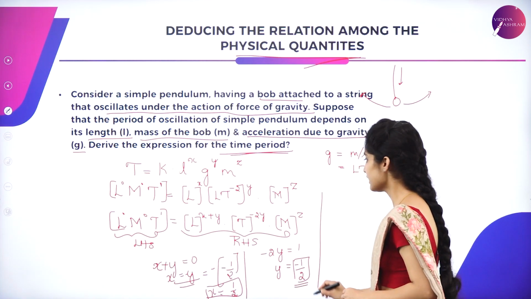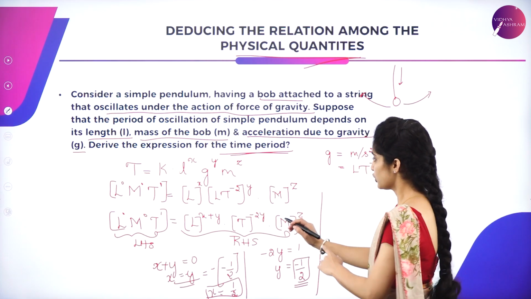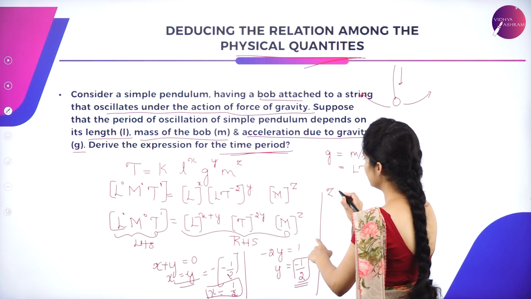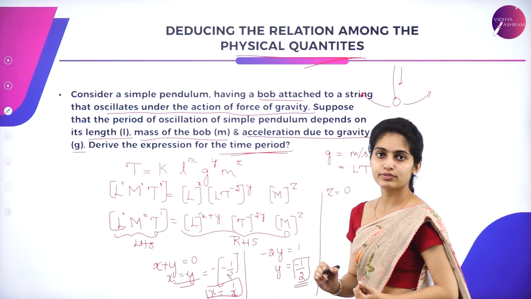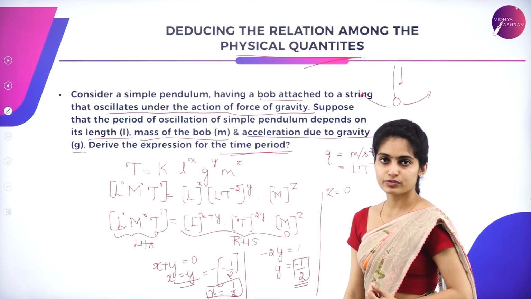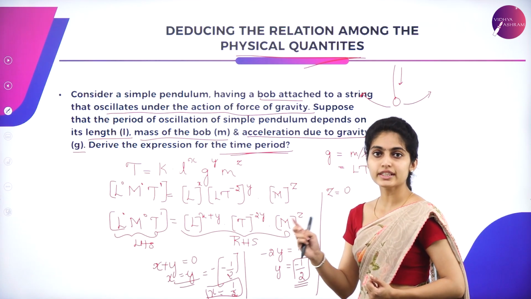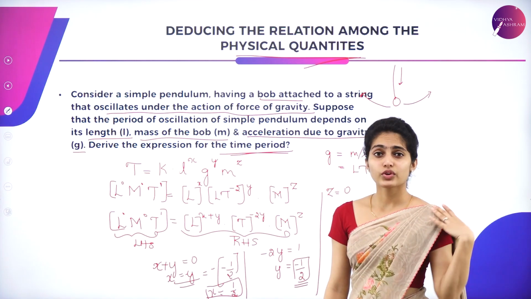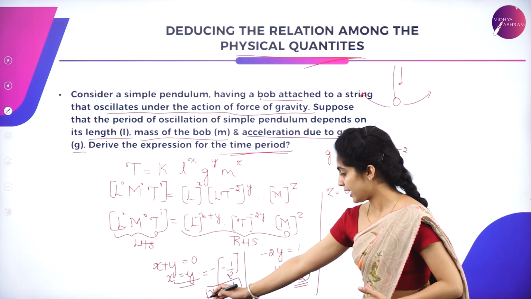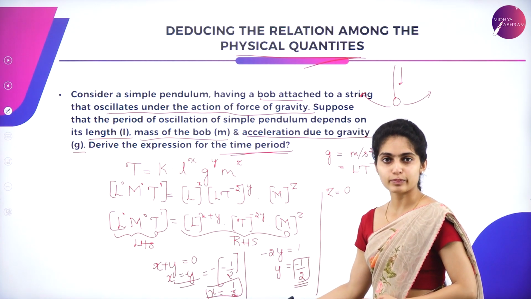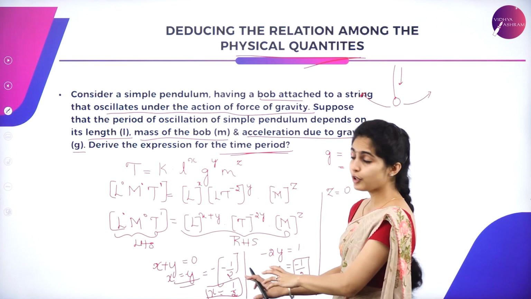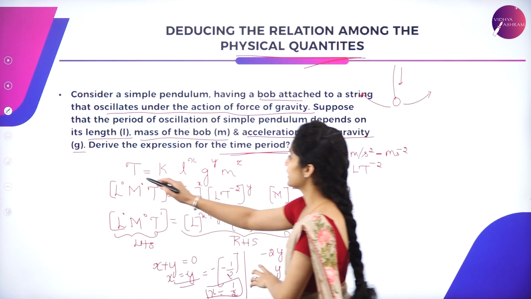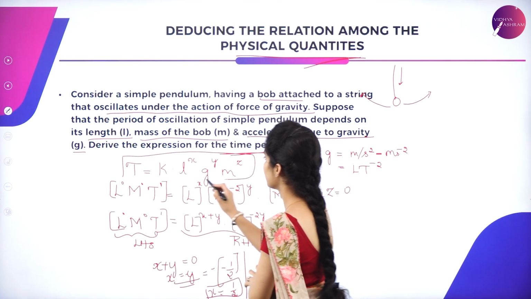So next it is the value of z. So z is equal to 0. In terms of the left hand side, it is M to the power of 0, here M to the power of z. So z is equal to 0. So you have got the value of x, that is half, y is minus half, and z is equal to 0. Substitute the same for x, y and z in equation 1.